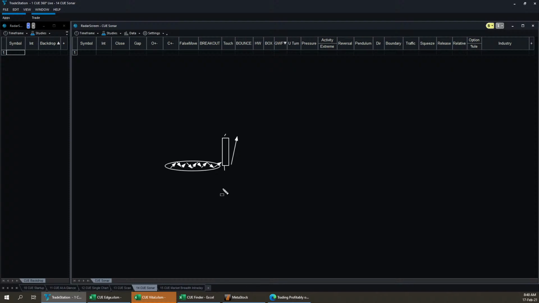Often that movement is associated with high activity. Sometimes it is also associated with a gap up open. When an instrument is moving inside a narrow range and shoots up from there with high activity or pressure, often associated with a gap, that may be the beginning of a prolonged uptrend.